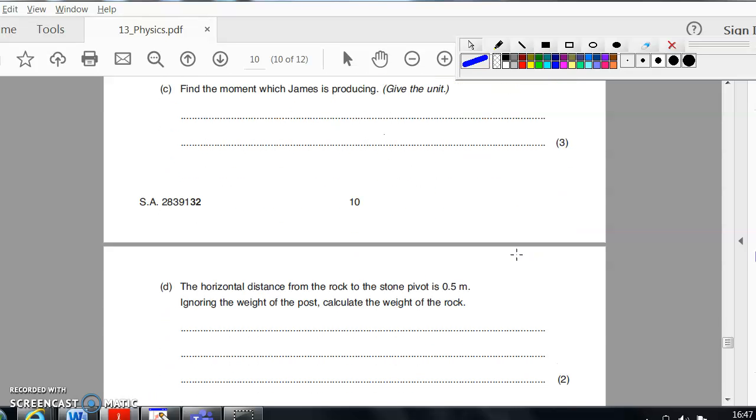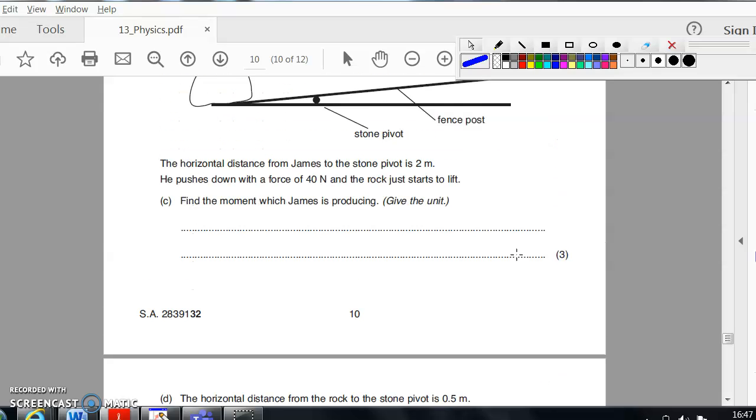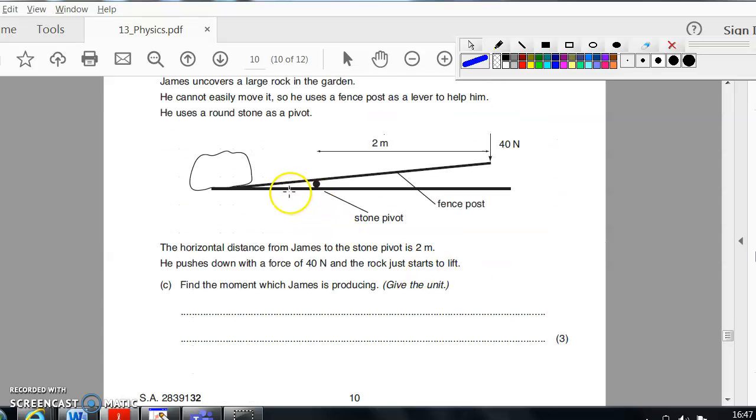So the next one. The horizontal distance from the rock to the stone pivot is 0.5 meters. Ignoring the weight of the post, calculate the weight of the rock. So weight and force are the same thing. Here it's telling us that this distance here is 0.5 meters.